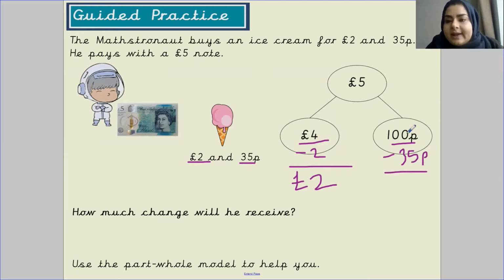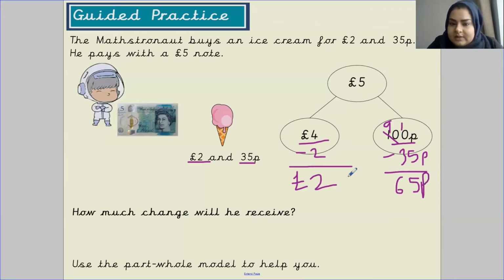Now I can't do 0 take away 5, so I'm going to go to my next door neighbor, but my next door neighbor doesn't have anything. So that's going to change to a 9 because I've borrowed, and I'm going to pass it on. Now 10 take away 5 is 5, and 9 take away 3 is 6.